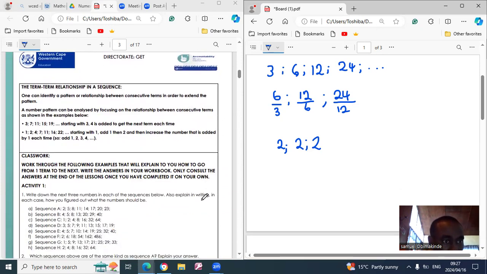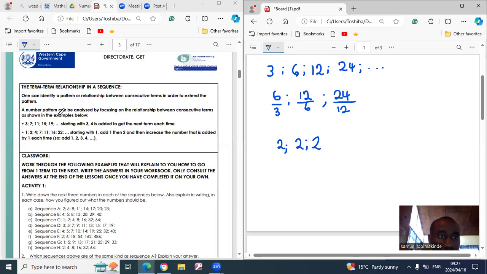So let's look at this. The term relationship in a sequence. One can identify a pattern or a relationship between consecutive terms in order to extend the pattern.